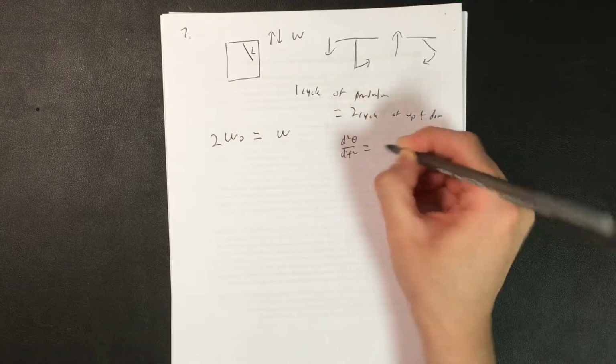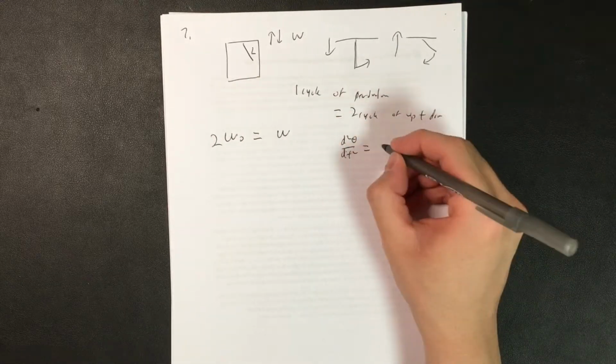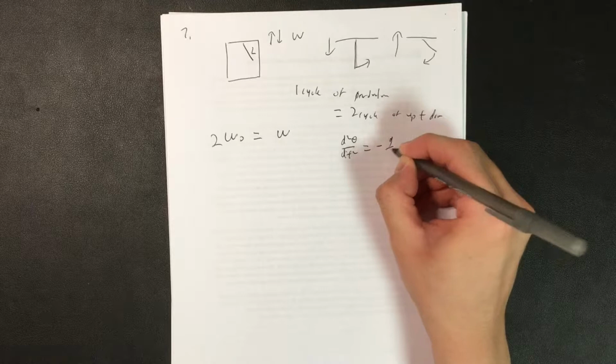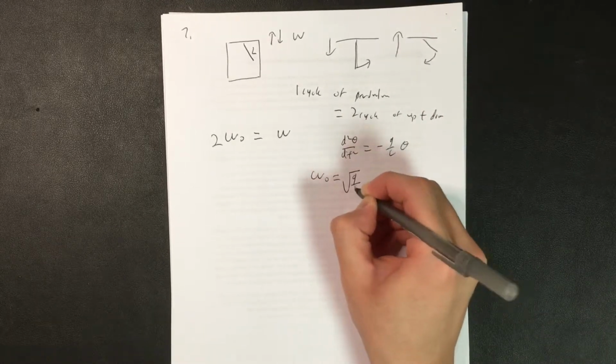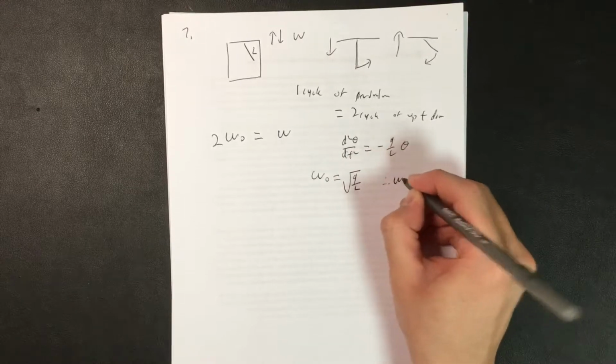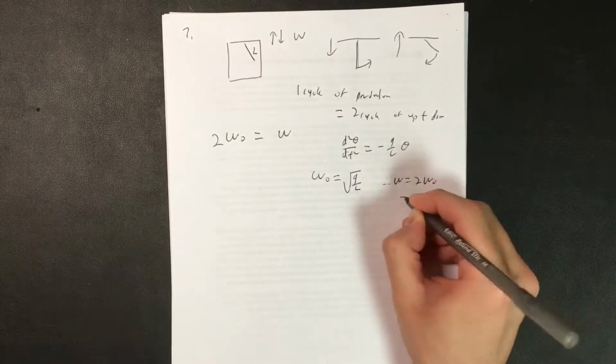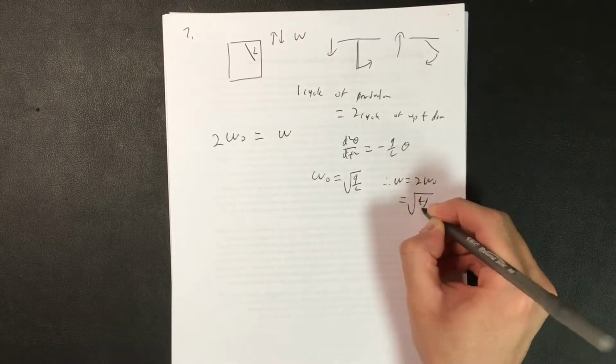And remember from the motion of a pendulum that alpha equals negative g over L times theta, and therefore omega naught equals the square root of g over L. Therefore, omega, which equals 2 times omega naught, would equal the square root of 4g over L.